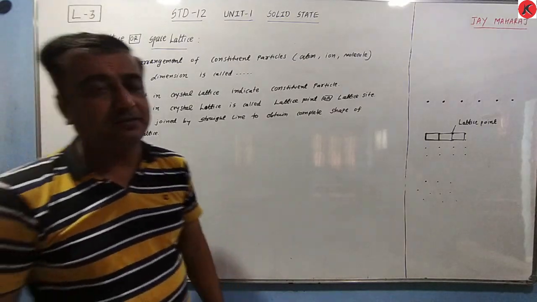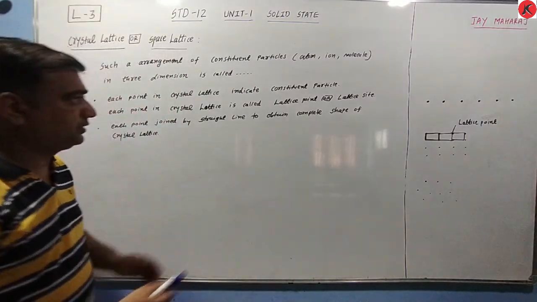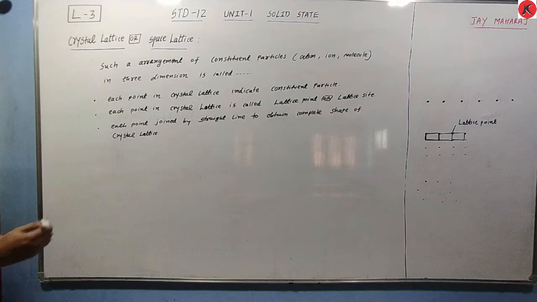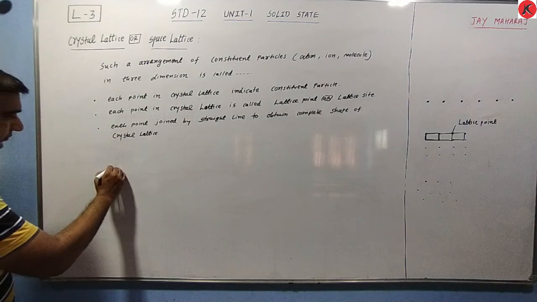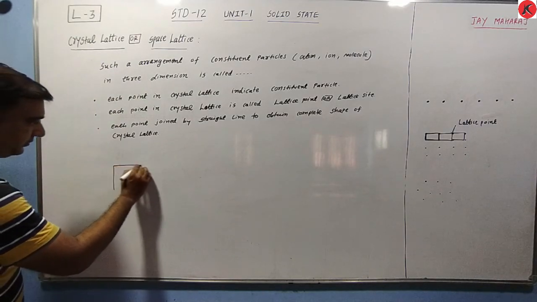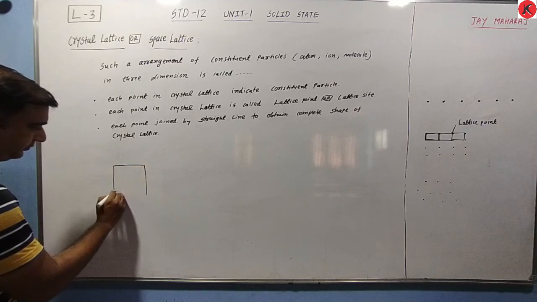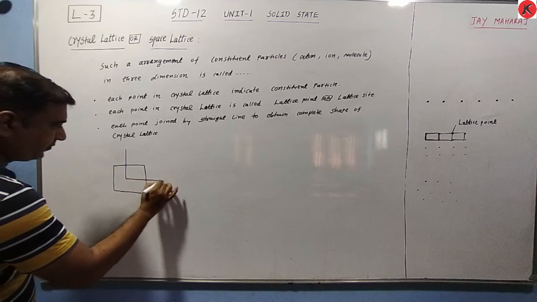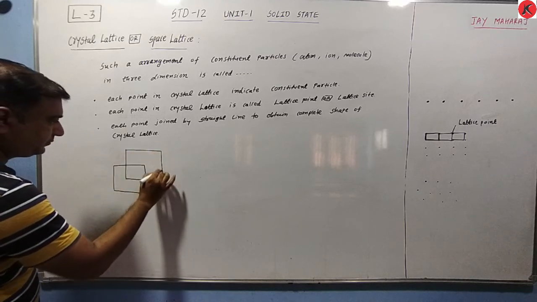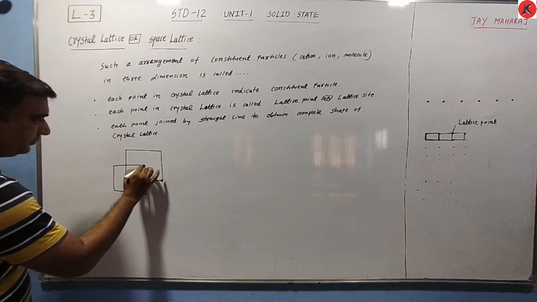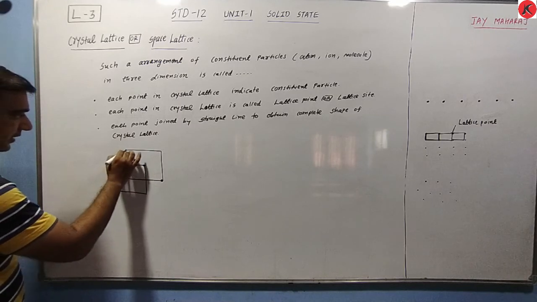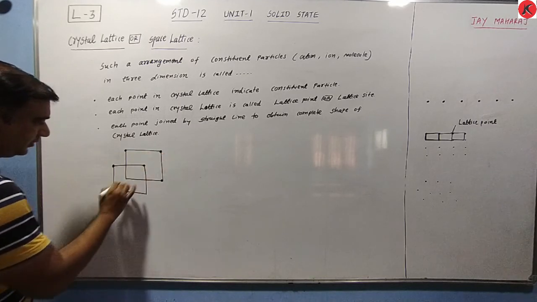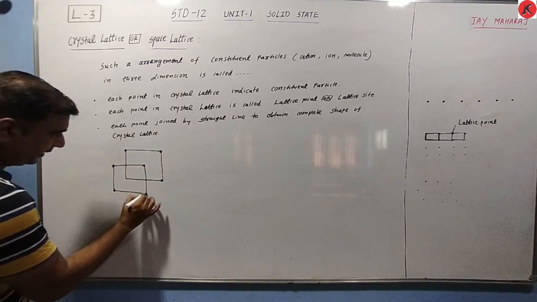In 3 dimensions, also we draw the crystal lattice like this by arranging, suppose these are the lattice points, like this.